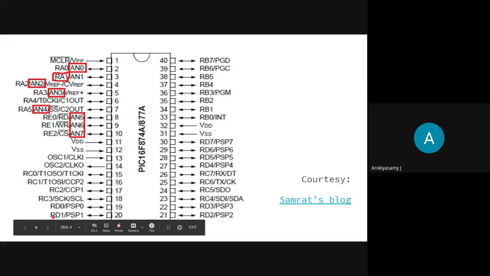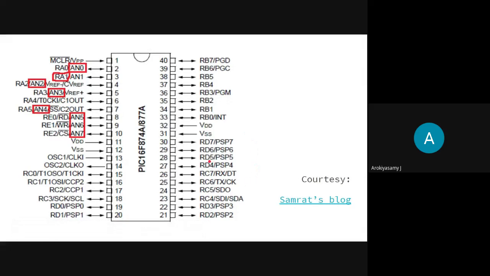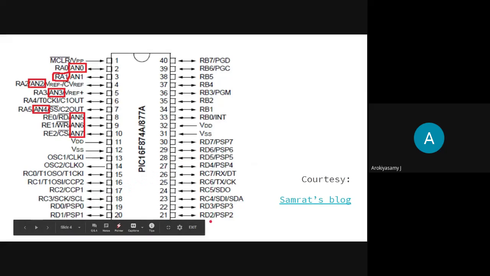RD1, port D bit 1, parallel slave port 1. RD0, RD1, RD2, RD3, RD4, RD5, RD6, RD7 form the 8 bits. Similarly, PSP0 to PSP7.